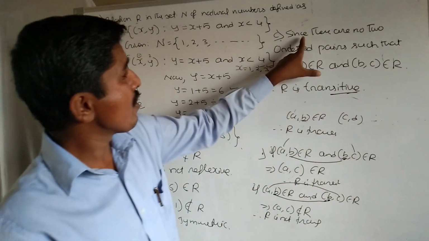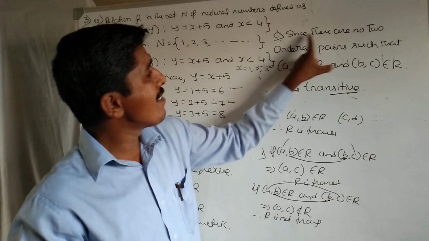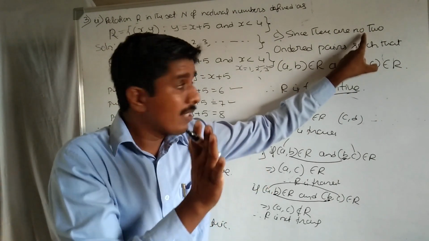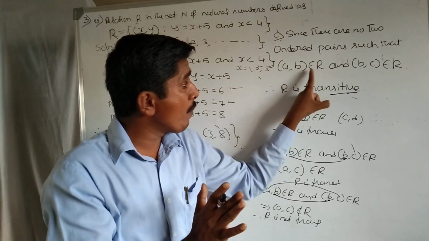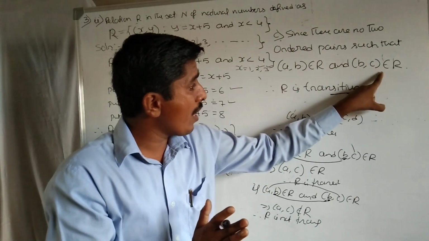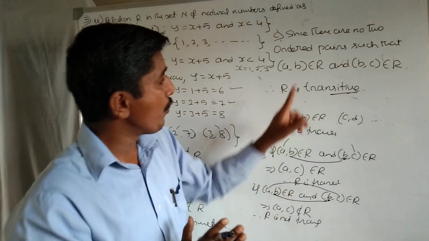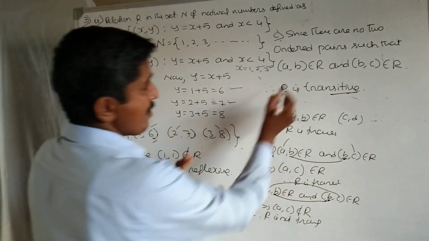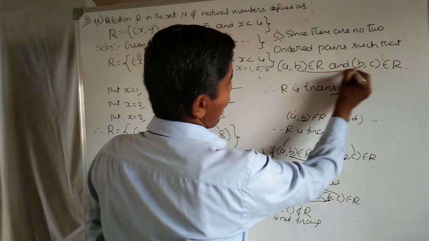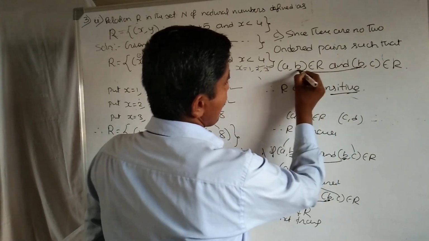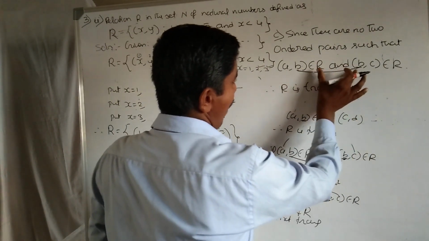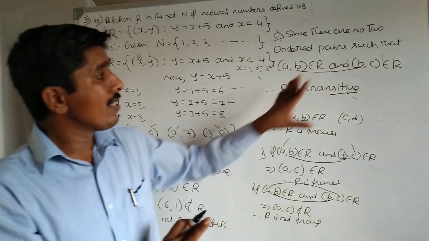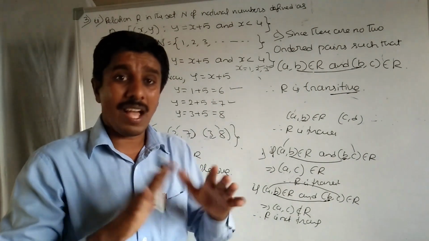Very important words, observe. We don't have this type of ordered pair in this relation, meaning one whose second element equals the first element of another. This type of ordered pair is not in the relation. Therefore, it is transitive.